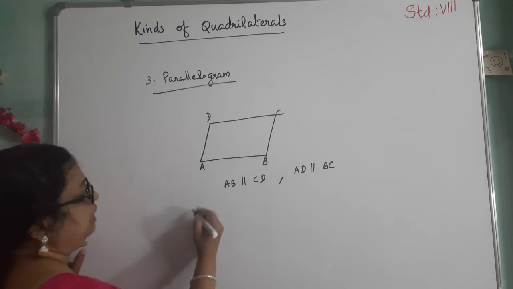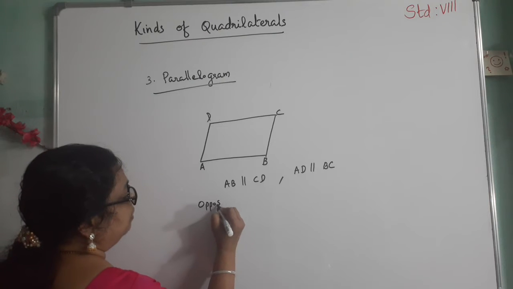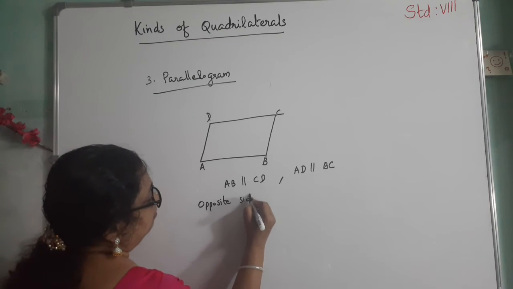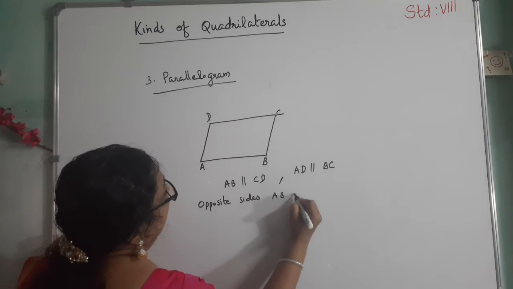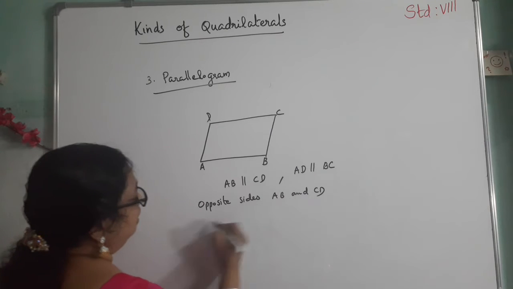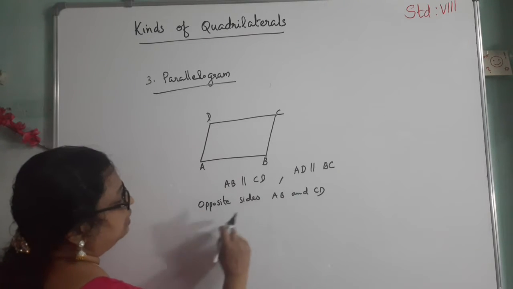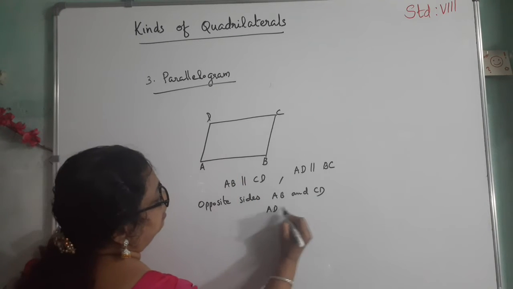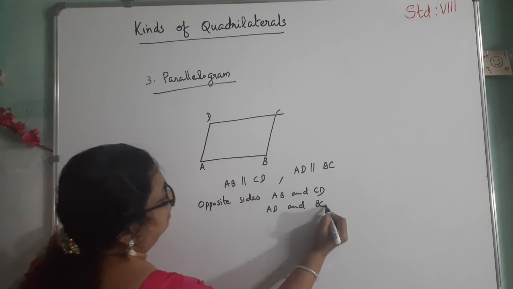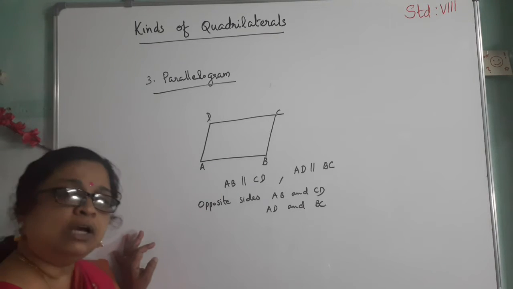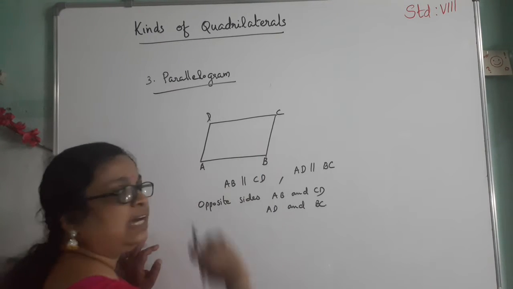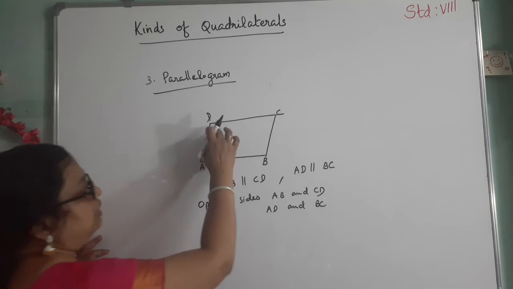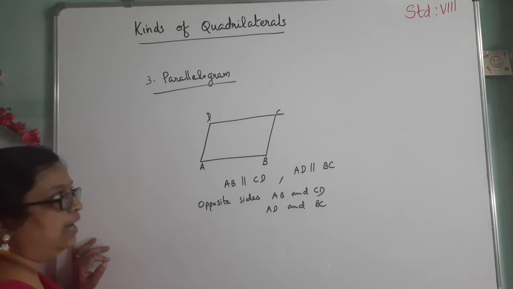Opposite sides are AB and CD, that is one pair, and AD and BC is another pair. So a parallelogram is a quadrilateral whose opposite sides are parallel and it has four sides and four angles.